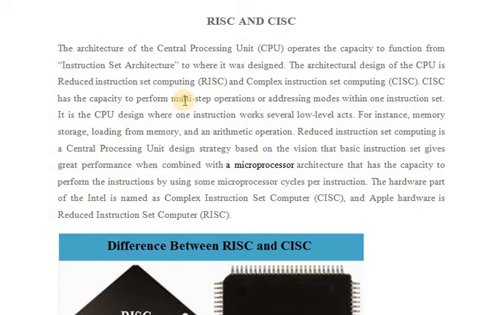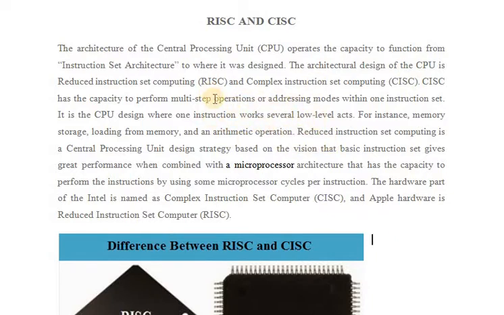A computer with a large number of instructions is classified as a Complex Instruction Set Computer, abbreviated as CISC, or Complex Instruction Set Computing. If you hear the word CISC, it means it has a large number of instructions. Now what is RISC?